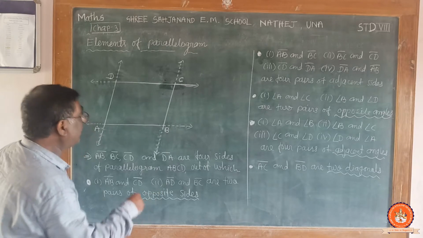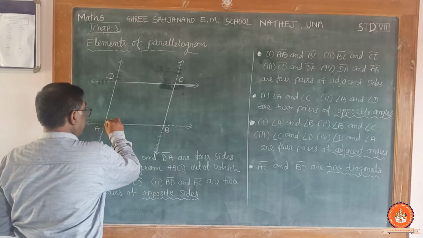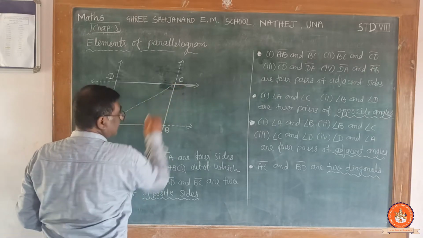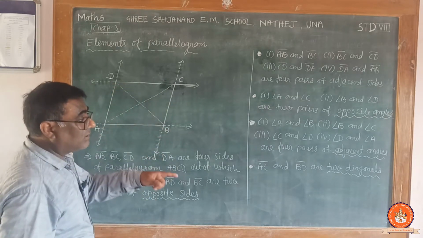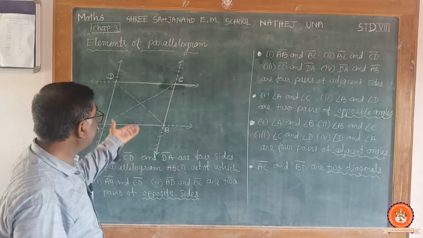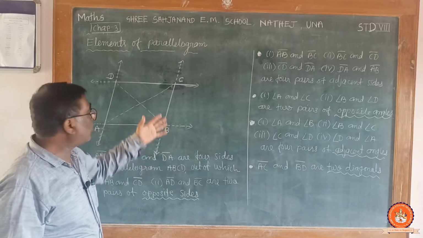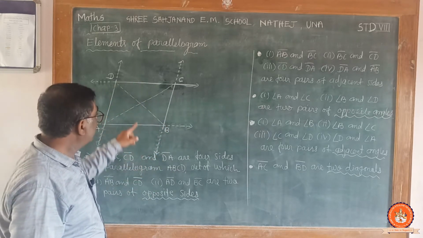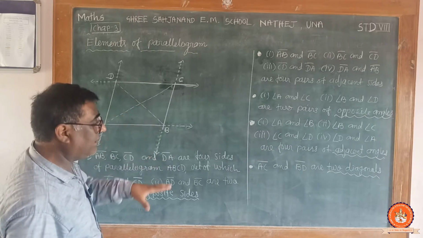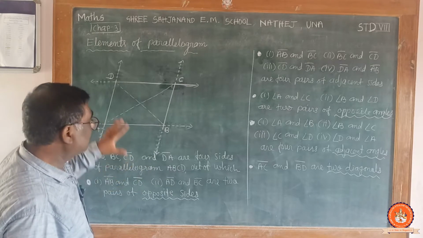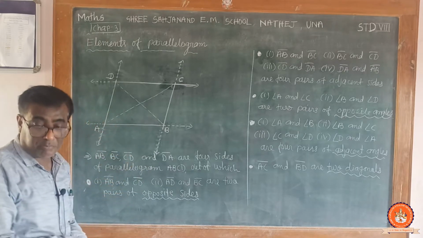And line segment AC and line segment BD are two diagonals, and as we know it's a convex quadrilateral, the diagonals intersect each other. So AC and BD are two diagonals. These are the elements of a parallelogram.